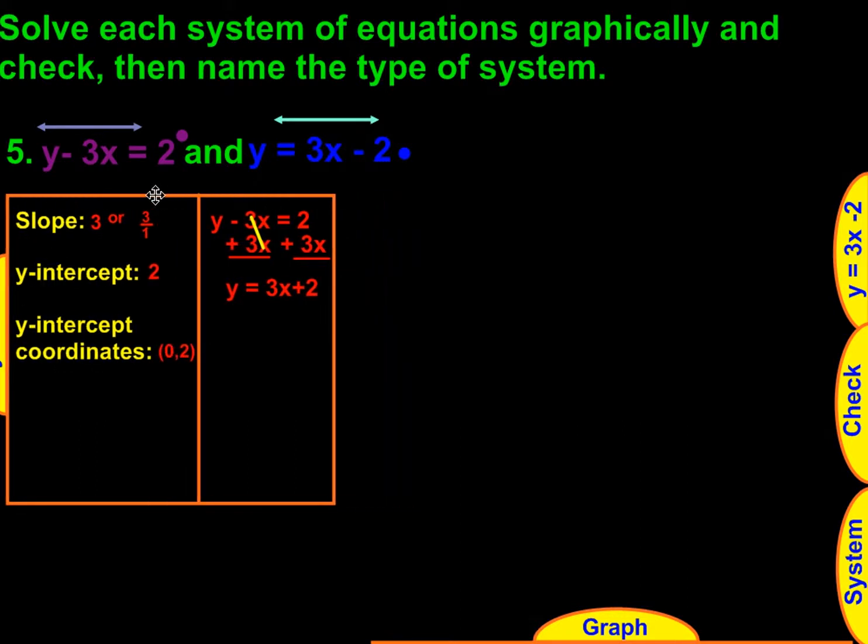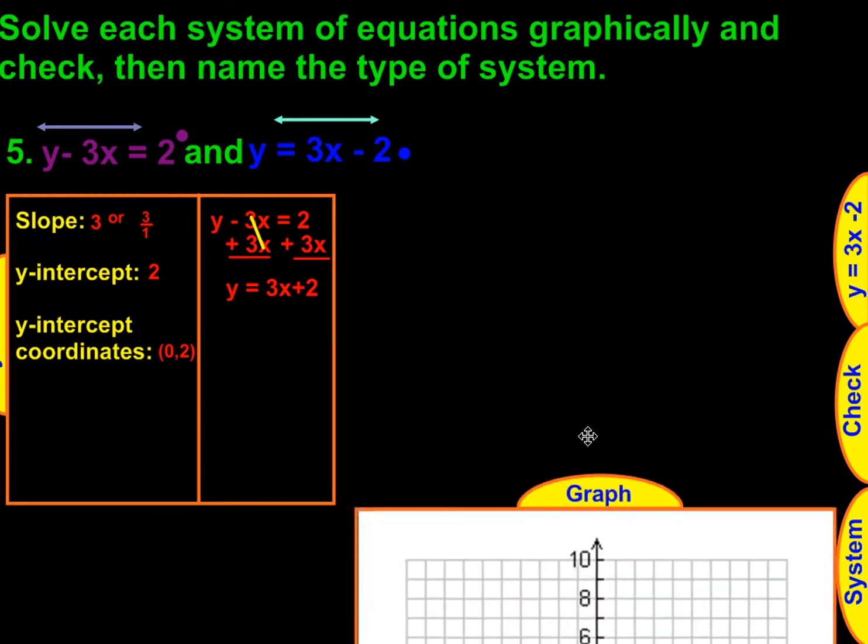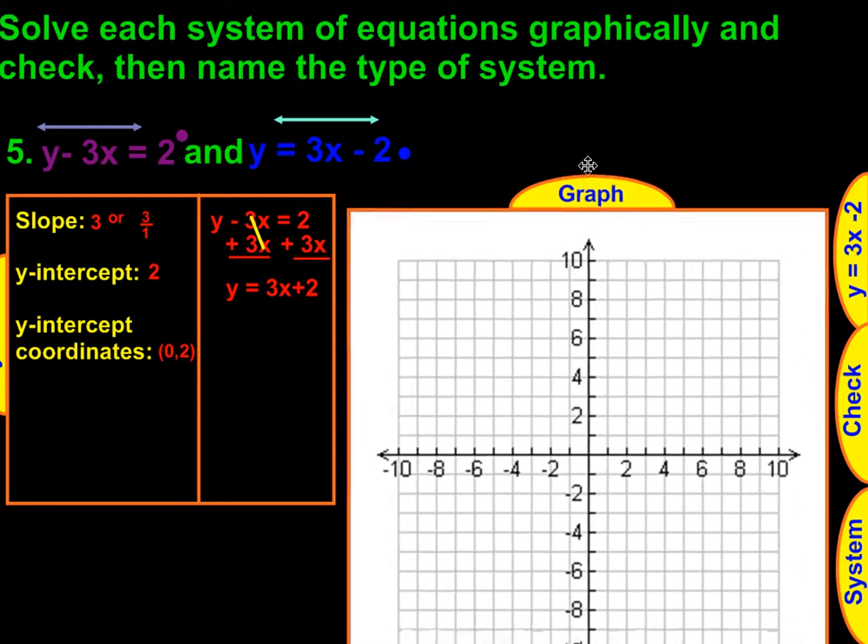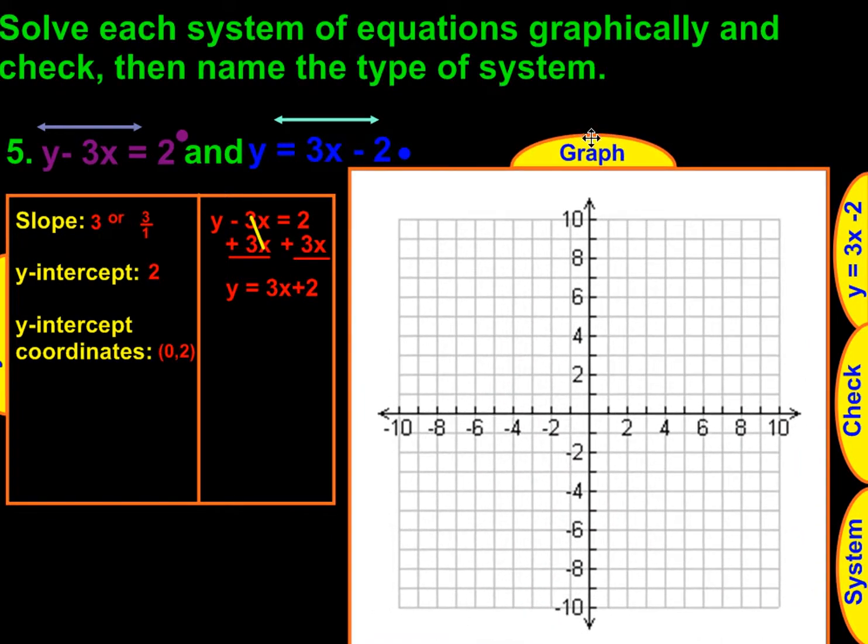So with that information, we can graph. We're going to start by putting a point on the y-intercept coordinate, which is 0, positive 2. So it's going to go right there. And we know that our slope is 3, or 3 over 1, which means 3 up and 1 to the right. So we go 1, 2, 3 up, and 1 to the right.